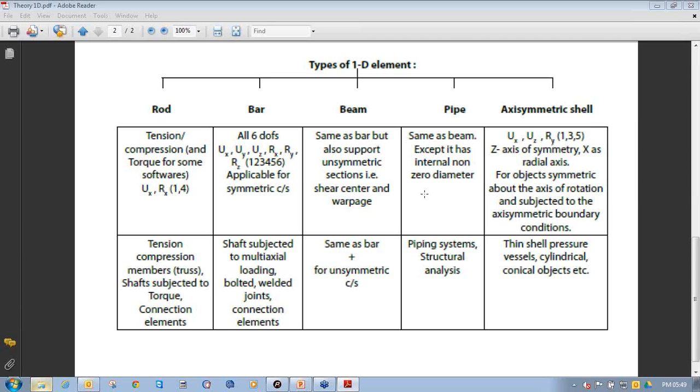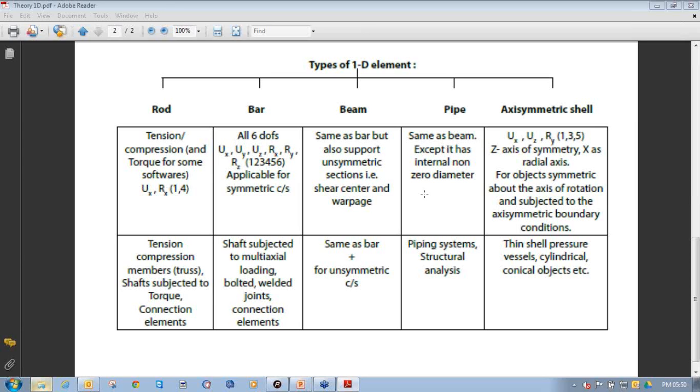So the practical applications of rod are tension compression members like truss, shafts subjected to torque, and connections of elements. To connect the different elements for gap simulation or something like that, we use rod element.